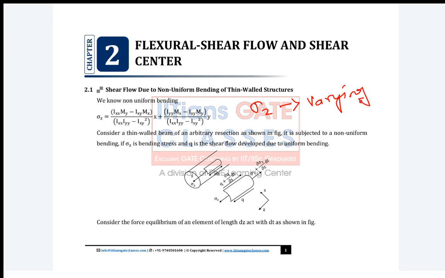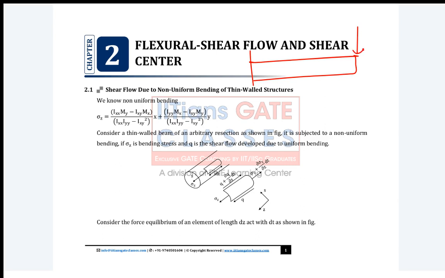Why will it be varying? Due to non-uniform bending. Take a cantilever beam, right? Your moment will be varying from the free end towards the fixed end. So if your moment is varying at any section, your sigma z will be varying at a particular distance from the neutral axis.